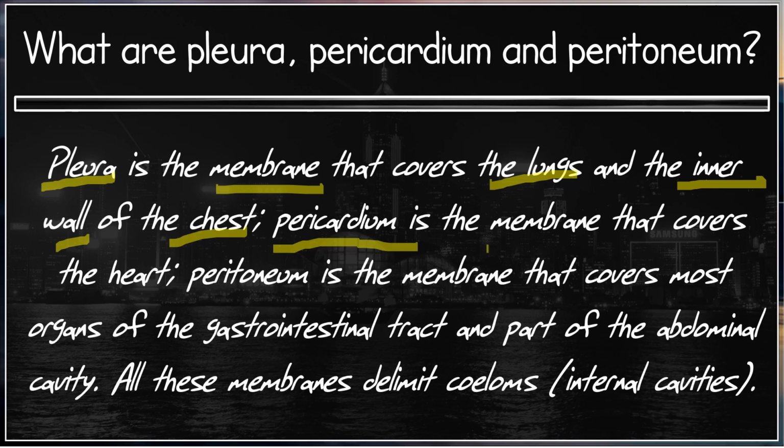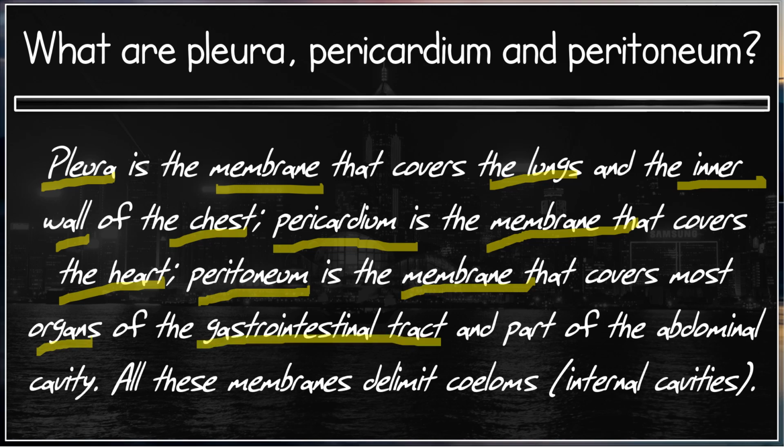Pericardium is a membrane that covers the heart. Peritoneum is a membrane that covers most organs of the gastrointestinal tract and part of the abdominal cavity. All these membranes delimit the coelom, internal cavities.